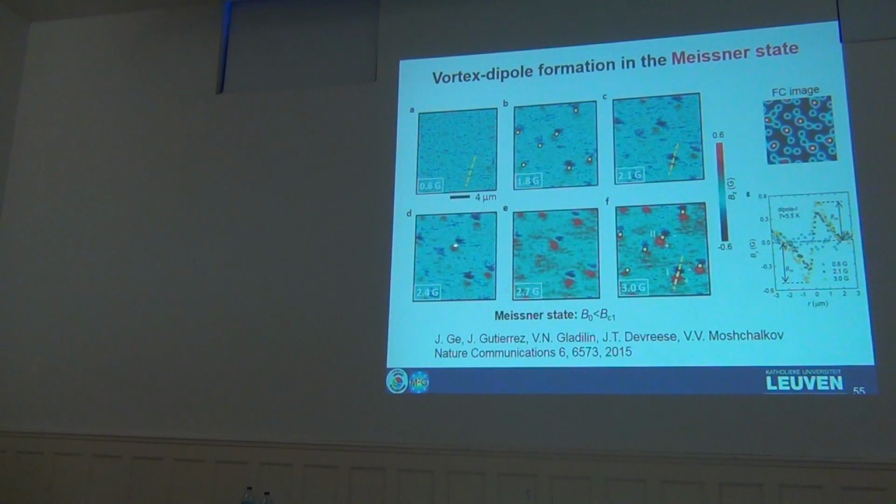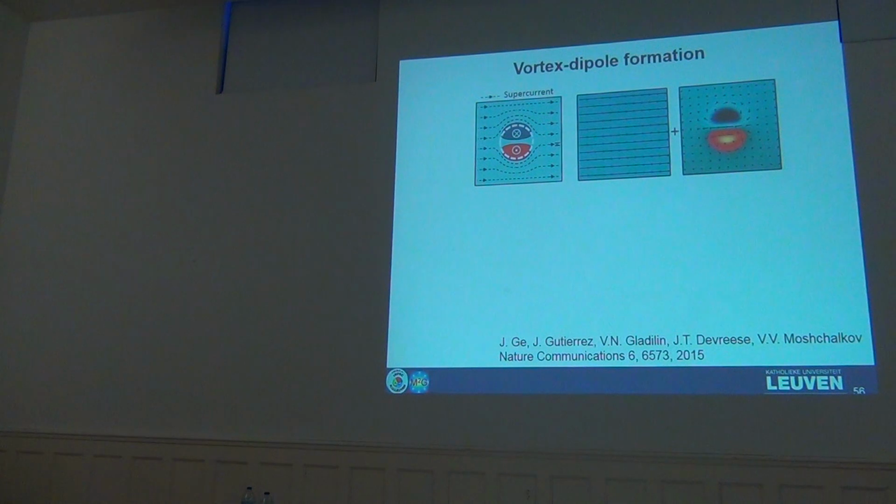What are these dipoles? Surprisingly, the explanation is quite nice and quite simple. Suppose you have a defect or pinning center here, and you send through this area a quite strong supercurrent. In our case, it was Meissner current. Of course, current cannot penetrate the insulating pinning center, and then it bends like that, and you have half of the orbit which is clockwise, and here the supercurrent is repelled, and it goes counterclockwise.